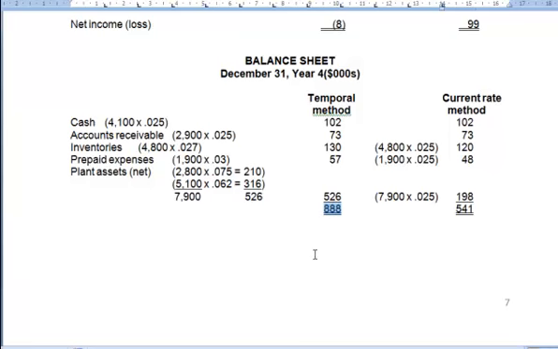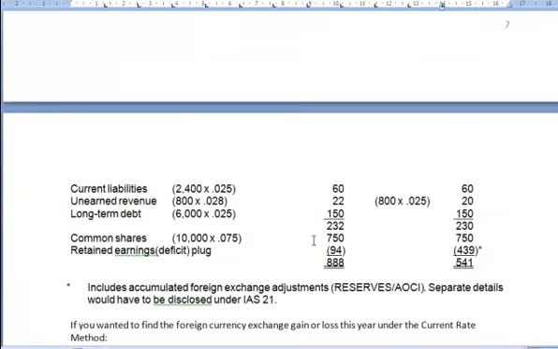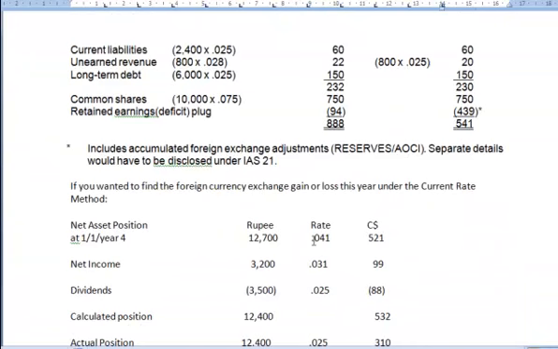Don't worry about the current rate method. We'll get to that in a moment. Let's just focus now on the rest of the balance sheet under temporal. Again, we have our current liabilities at the spot rate because they are monetary. And again, our unearned revenues are non-monetary, so we use the historical rate we're given, 0.028. That's given to you in the question. So that translates to 22,000 Canadian.